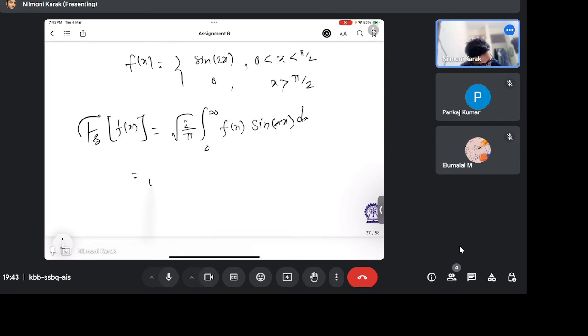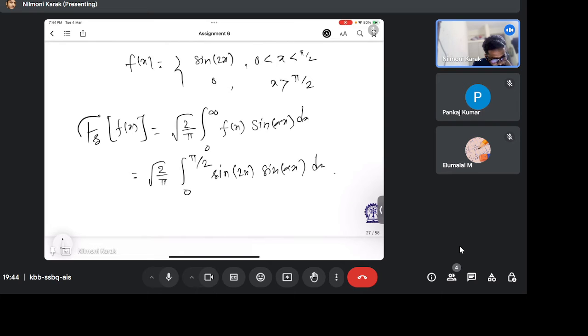Since f(x) is non-zero only when x lies between 0 to pi by 2, the integral runs from 0 to pi by 2 instead of 0 to infinity, of sine 2x sine alpha x dx.